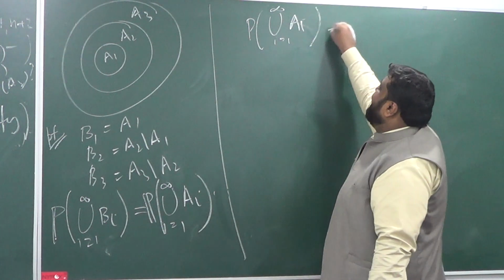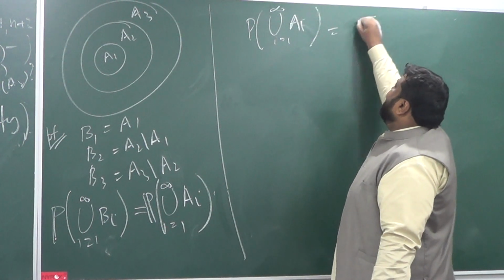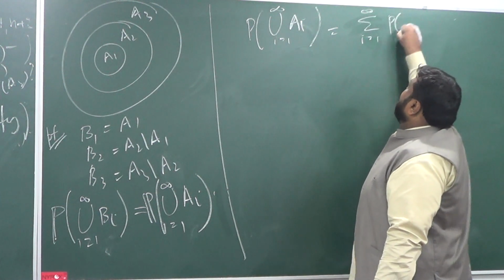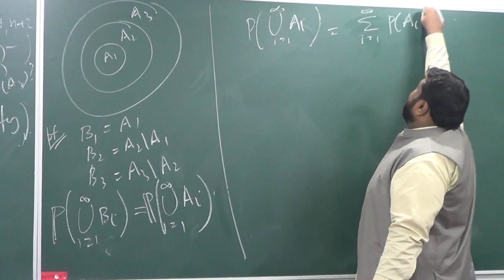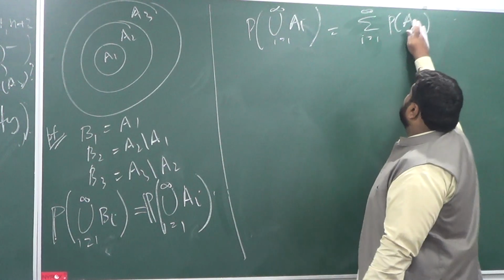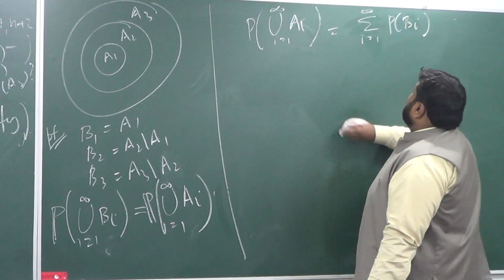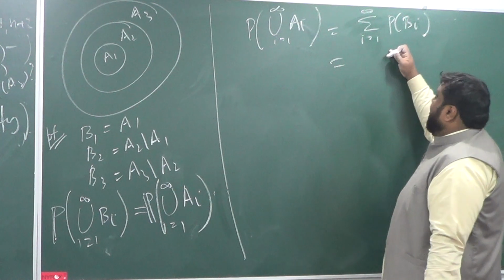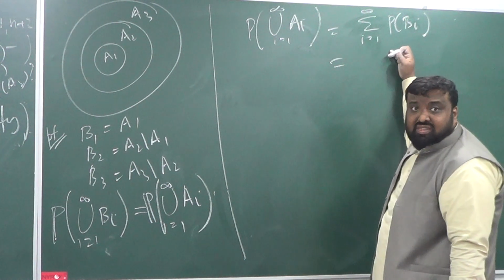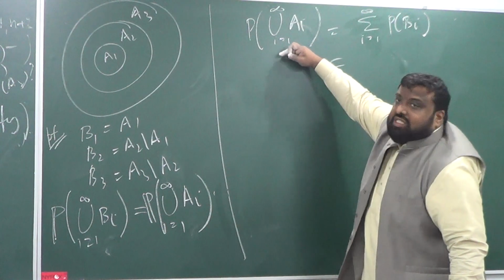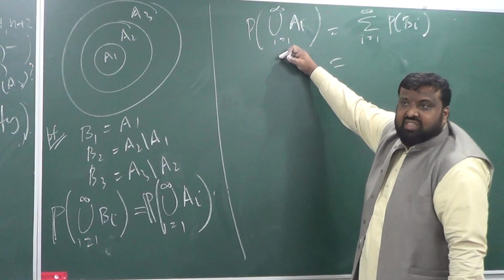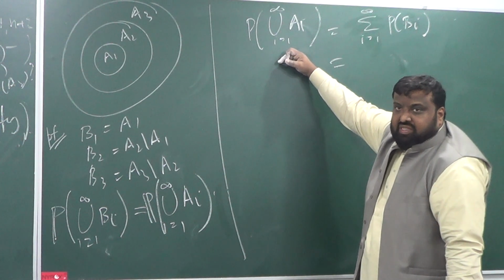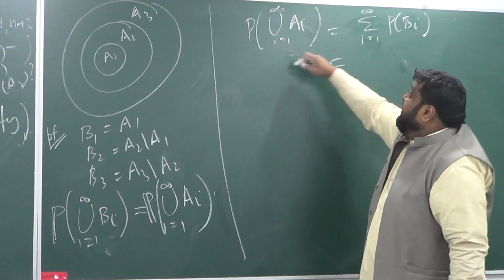Probability of union of AI's is equal to the sum of the probability, I equal to 1 to infinity, probability of BI's actually. But this series is convergent actually. Is this series convergent? Why? Because this is equal to this guy, which makes sense actually. It's a finite number. This exists. So this means that the series must be convergent.